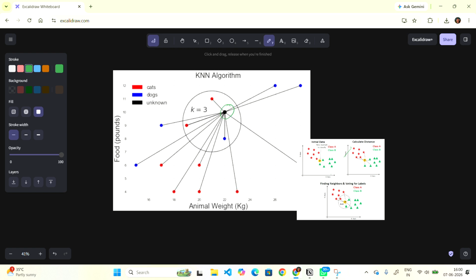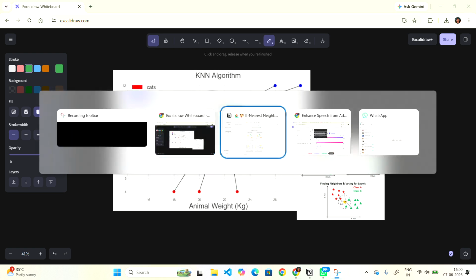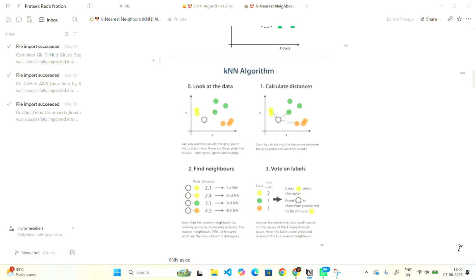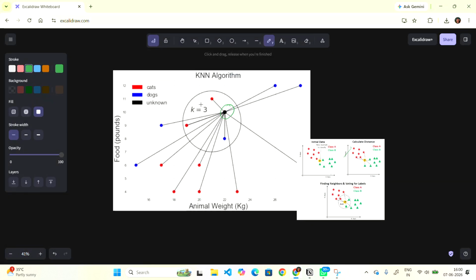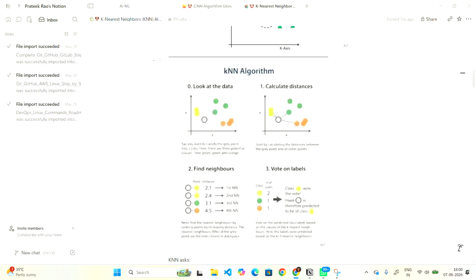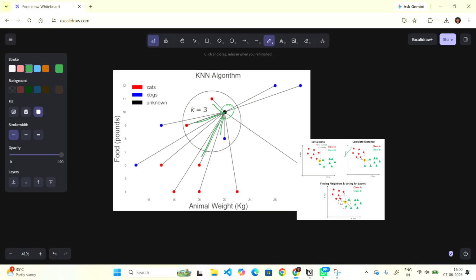This is my data. Calculate the distance means I need to calculate the distance to each and every data point. The third point is find neighbors. Find neighbors means checking how much distance each neighbor is. It is nearest, a little more nearest, more nearest.